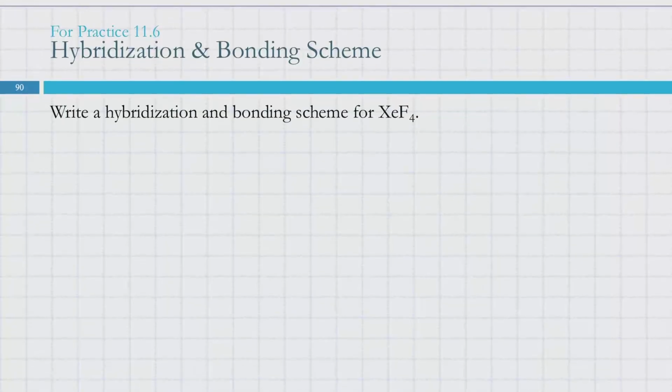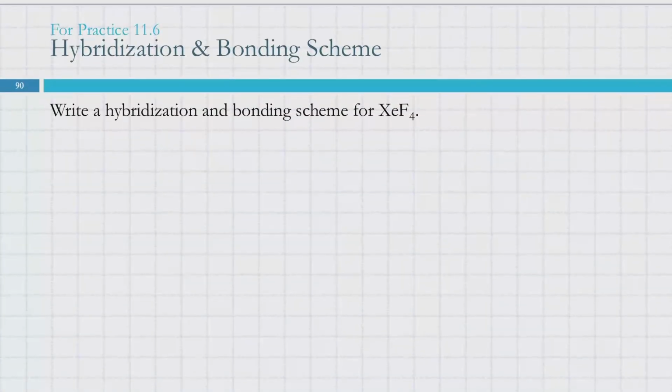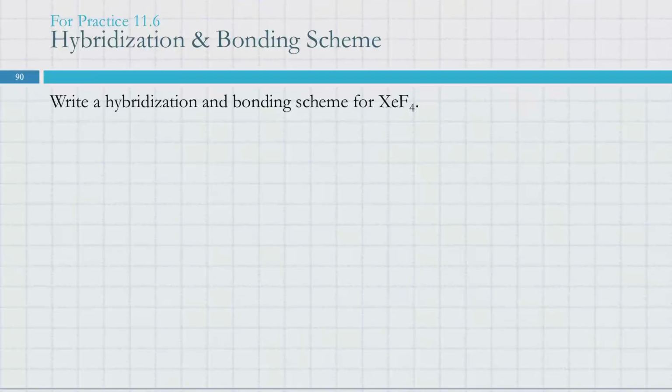Okay, hybridization and bonding scheme for xenon tetrafluoride. We need to do a Lewis structure. Xenon has 8 electrons. Fluorine, we've got 4 of them. They have 7 electrons each. So that's going to be 28 plus 8. We've got 36 electrons. Xenon is going to go in the center.